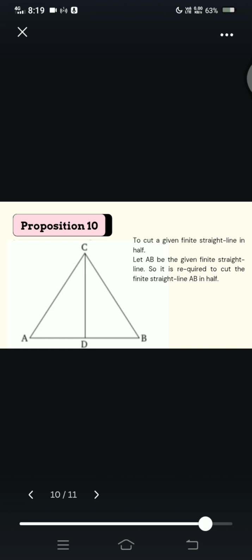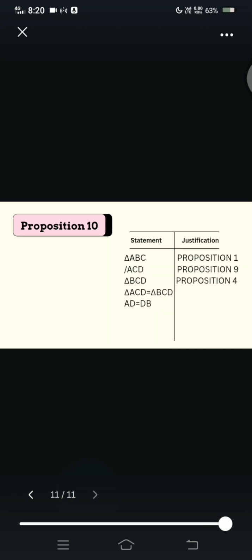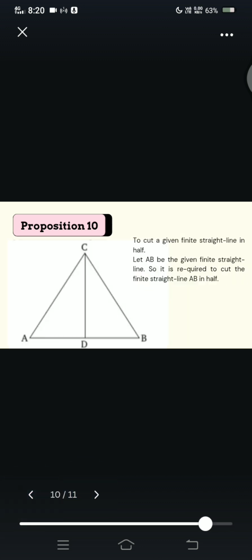So since we cut it, the angle inside this triangle is also cut into 6 angles, since they have three angles before, now they have 6 angles na. So by proposition 4, our triangles BCD and CAD must be equal.